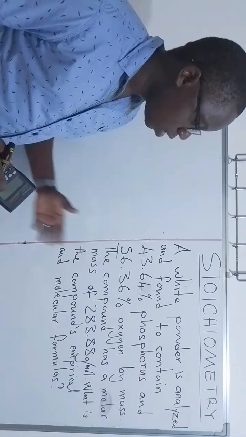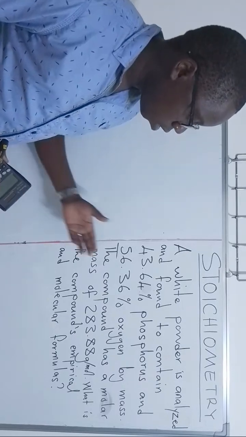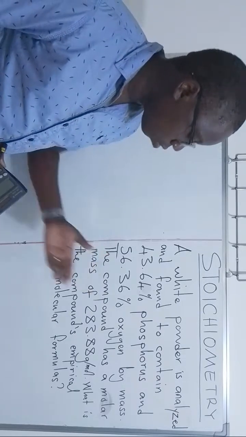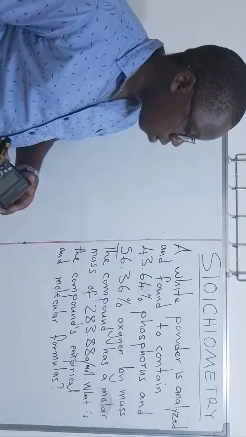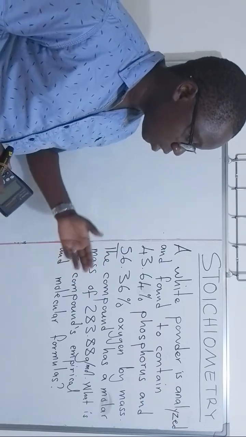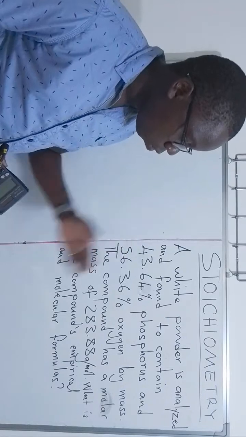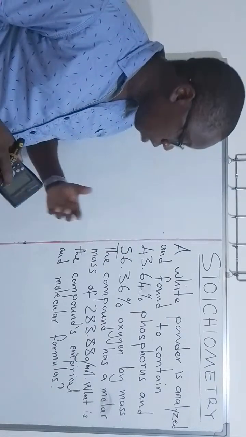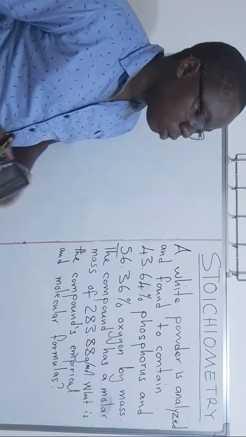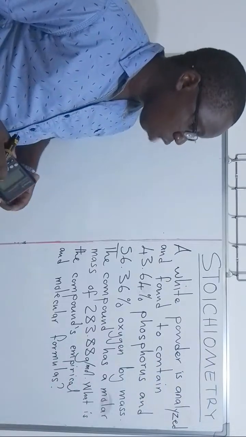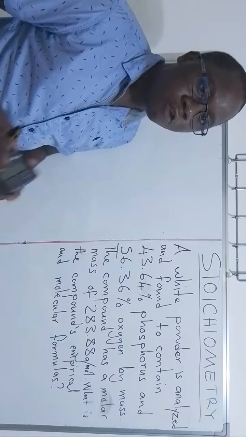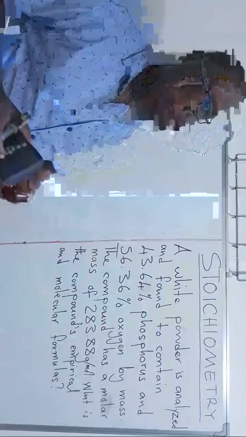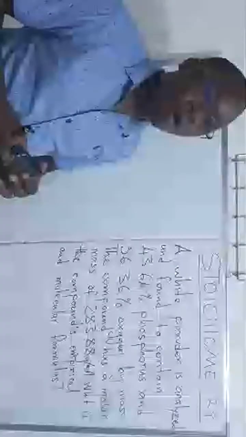So we have been asked that the compound has a molar mass of 283.88 grams per mole. What is the compound's empirical and molecular formula? So there are steps that one needs to do of the mass of the elements involved.